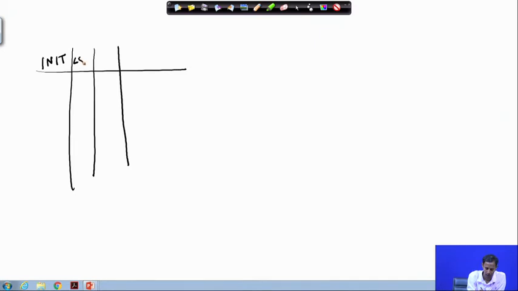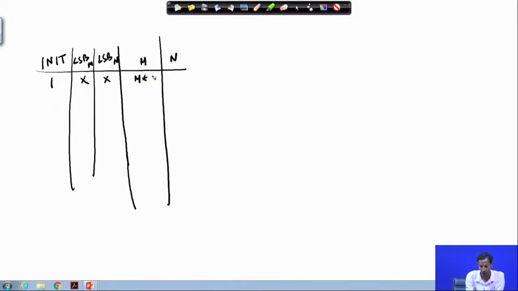This is the LSB of m, this is the LSB of n, and this is the corresponding m. If this is 1, whatever the value, m equals m next.